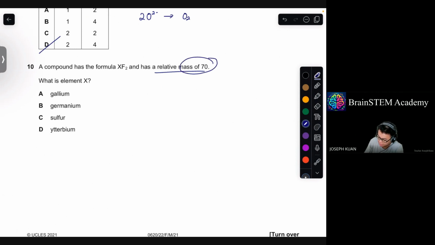The total mass is actually contributed by each of these atoms, which means the mass of X and the mass of fluorine atoms, there's 2 fluorine atoms here, lead to the mass to be 70. So we need to find out what's the mass of X, and then use your periodic table.